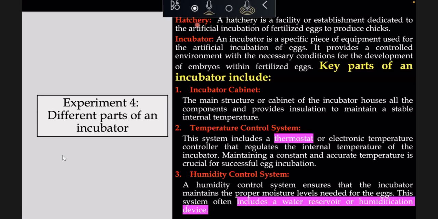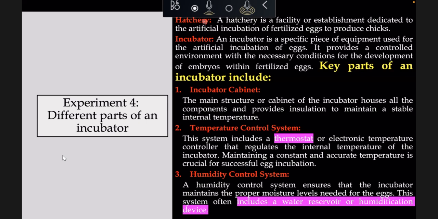So the breeder farm is responsible for producing fertile eggs, and then the hatchery is responsible to produce chicks from those eggs. But due to biosecurity concerns and the level of activity, there is huge activity in the breeder farm as well as in the hatchery.